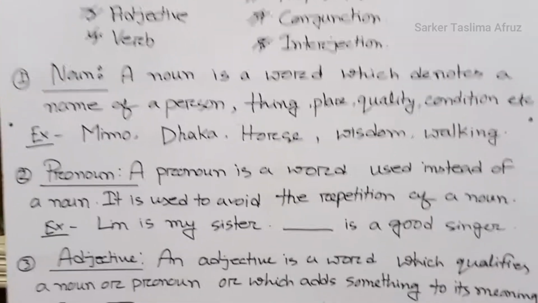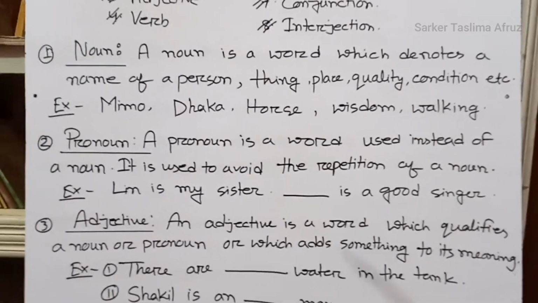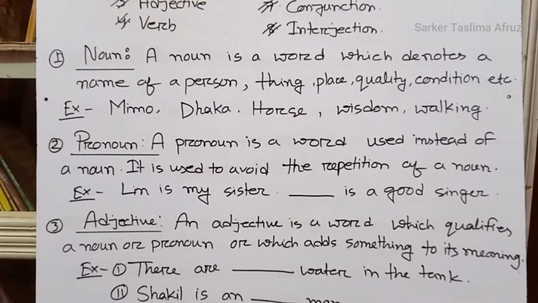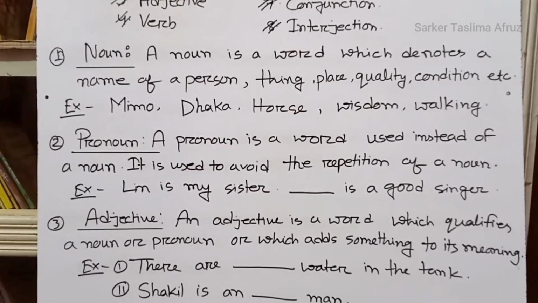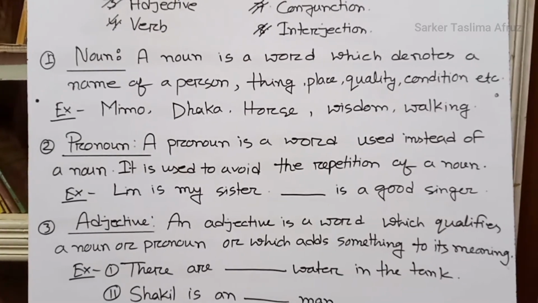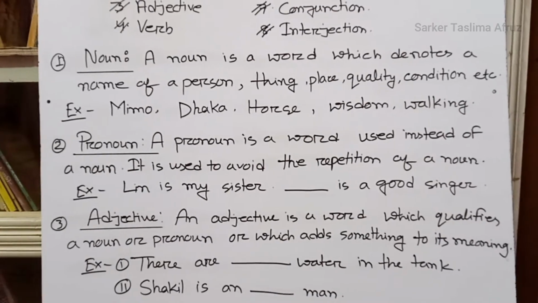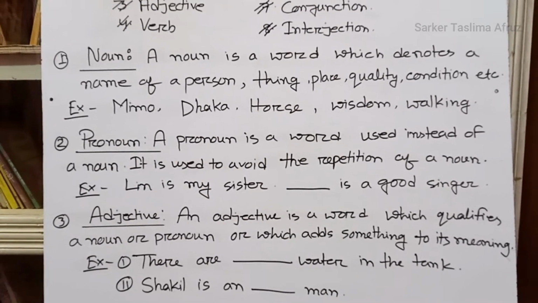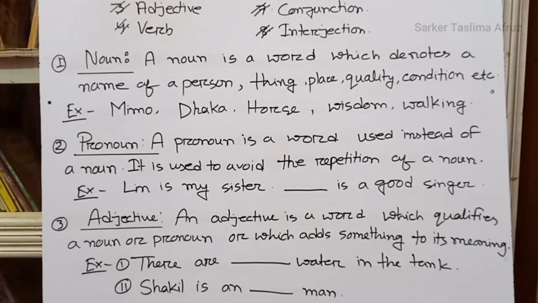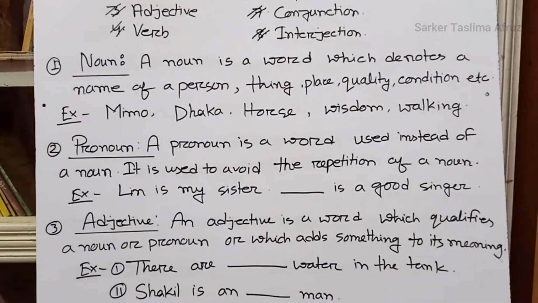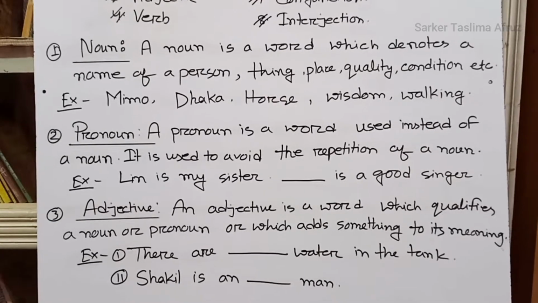Before I start, I just want to say noun is a major part to write or speak a sentence, because a noun works in a sentence as a subject or object of a verb and can be modified by an adjective. Yes, dear students.